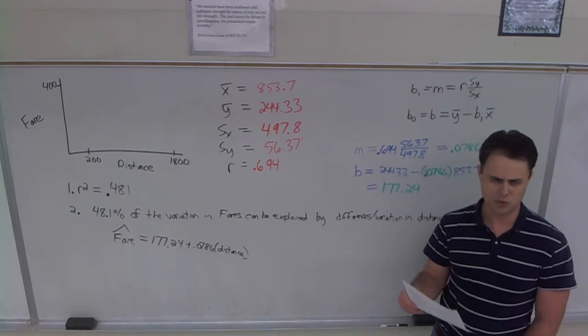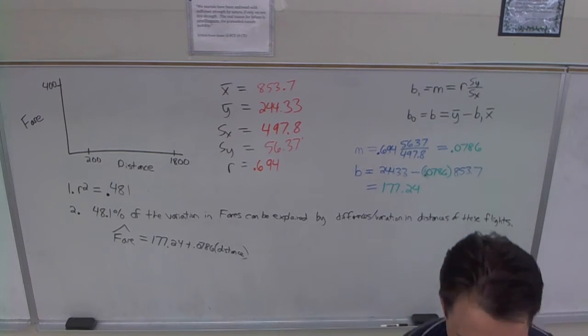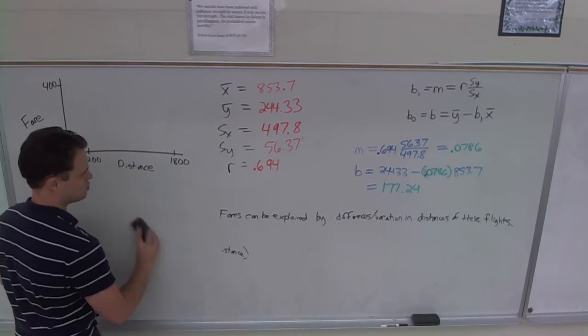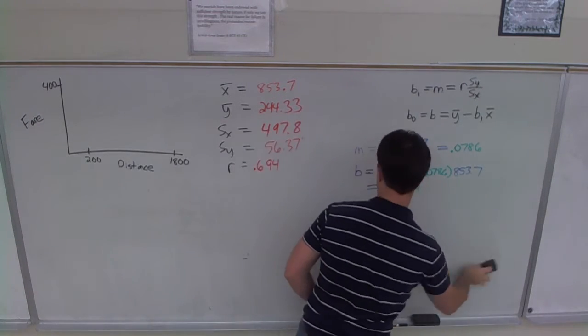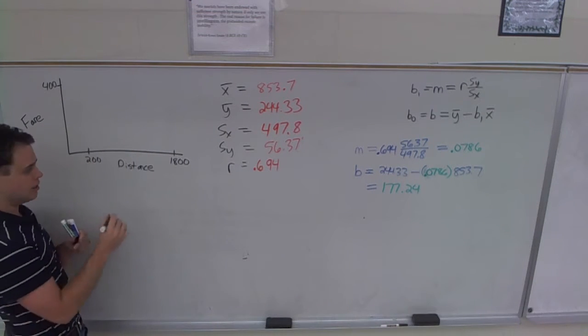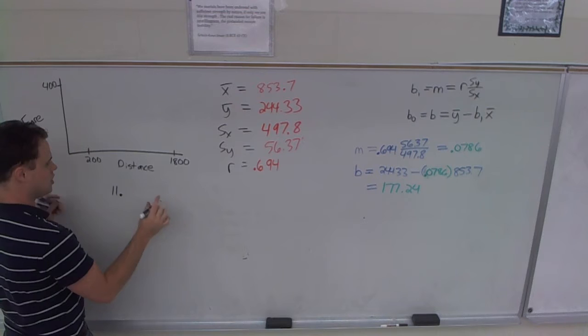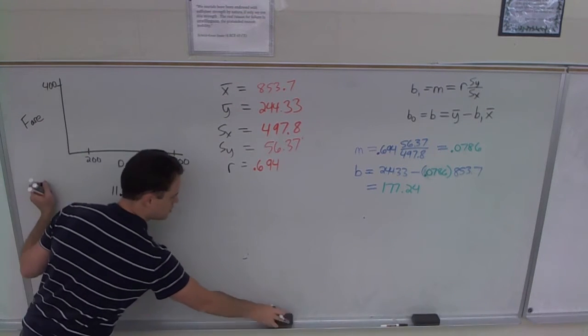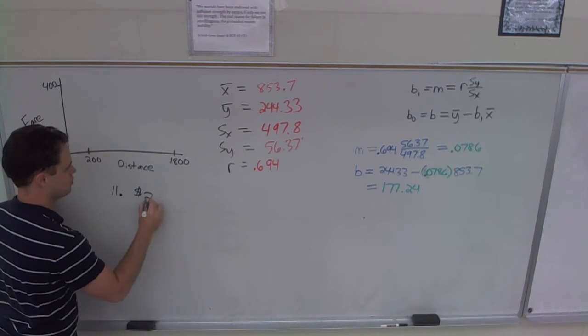Find the residual. Well, we just learned how to do that, right? So the actual price, which one is that, guys, number-wise? I want to write that one down for everybody. That was number what? 11. 11, thank you. So they said the actual fare was $200. That sounds more realistic.